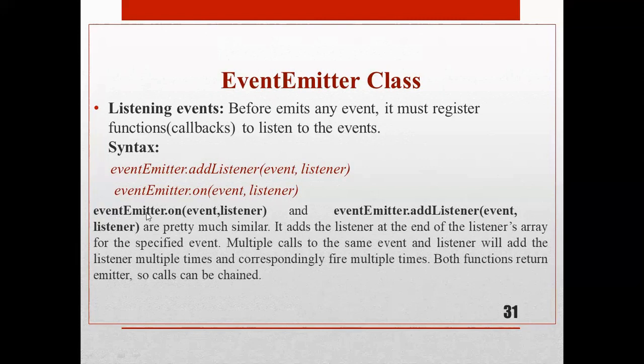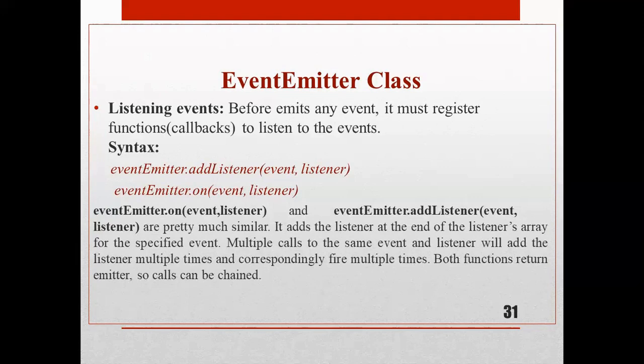Both are similar, and both add the listener at the end of the listeners array for the specified event. If multiple calls are made for the same event and listener, it will add that listener multiple times.